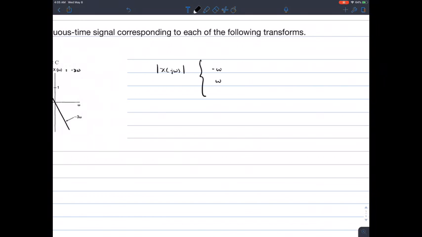So equals negative omega, omega, and 0. So negative 1 less than or equal to omega less than or equal to 0, okay? And 0 less than or equal to omega less than or equal to 1, and then otherwise. Alright?